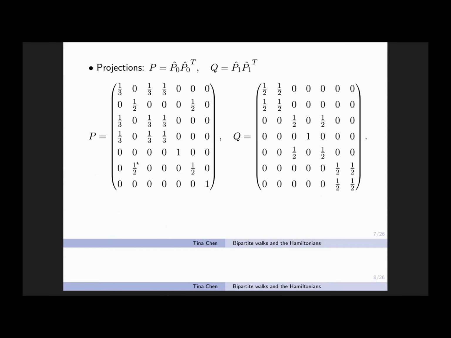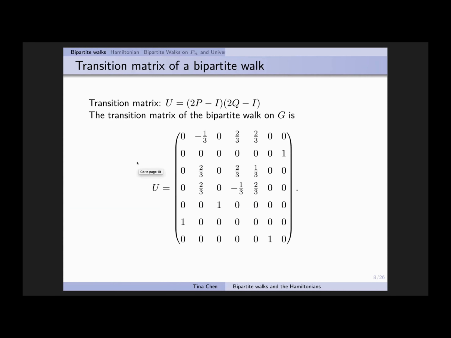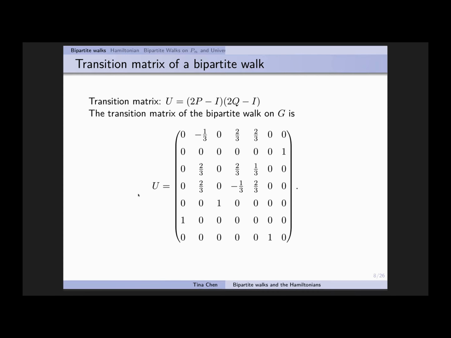Based on these two projections, we can get two reflections, because P and Q are projections, so 2P minus I and 2Q minus I are reflections. We take the product of those two reflections, and we get the transition matrix U for our bipartite walk. That's the transition matrix we get from the bipartite graph I just showed you before.